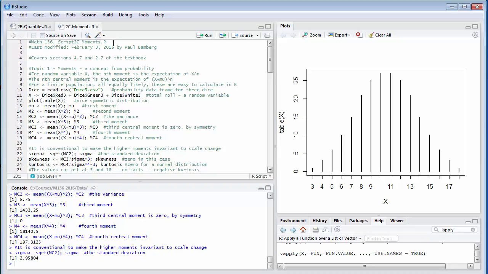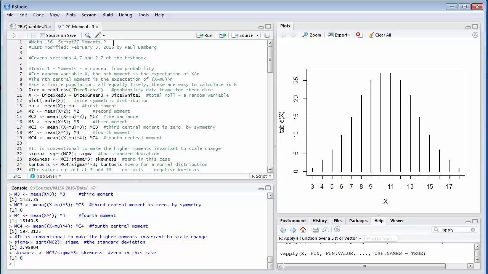And for skewness, which is based on the third central moment, you divide by sigma cubed. If you double everything, you will multiply the third central moment by 8. You'll multiply sigma by 2, and the result in the skewness will be not to change it at all. And sure enough, the skewness comes out 0.